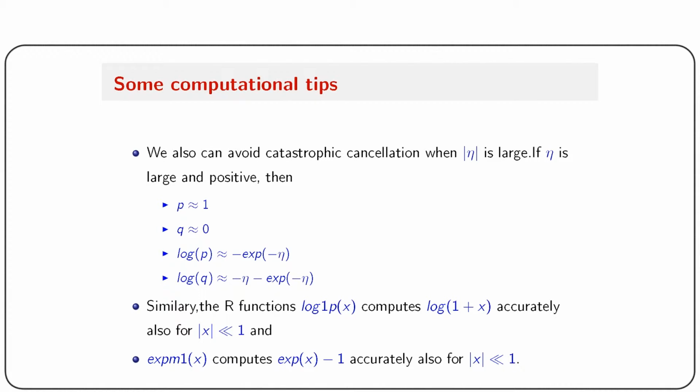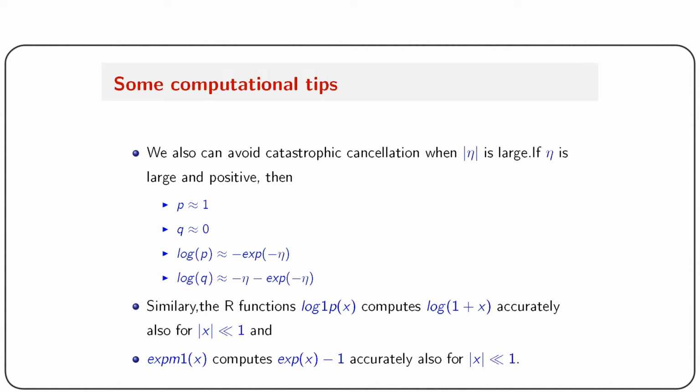We can also avoid catastrophic cancellation when the modulus of eta is very large. If eta is large and positive, then p is equivalent to 1 and q is equivalent to 0. So log p can then be approximated by minus e to the power minus eta, and log q can be approximated by minus eta minus e to the power minus eta.